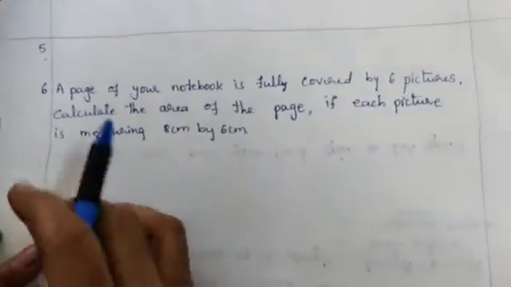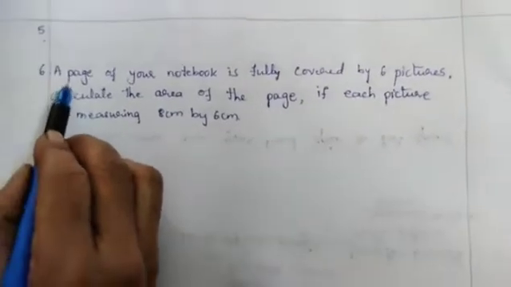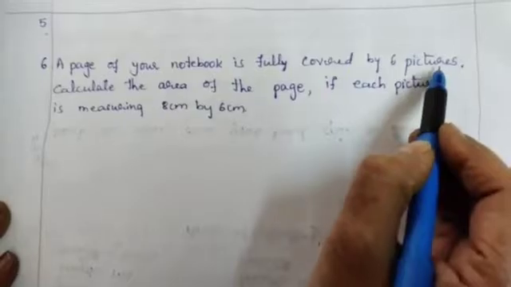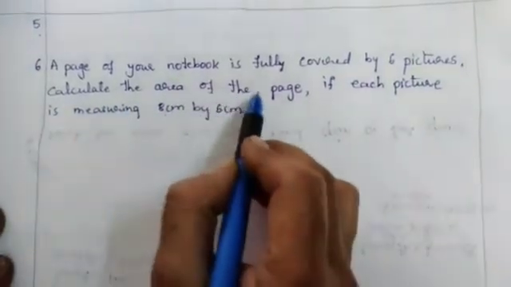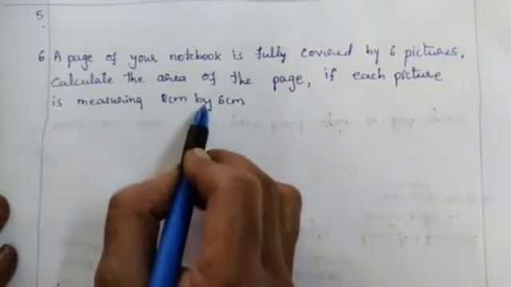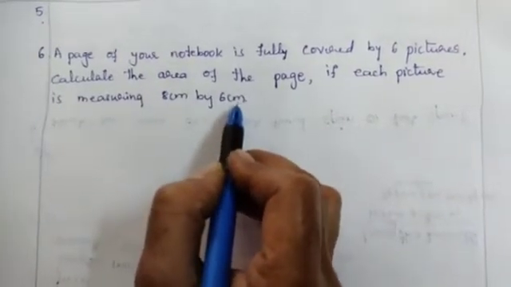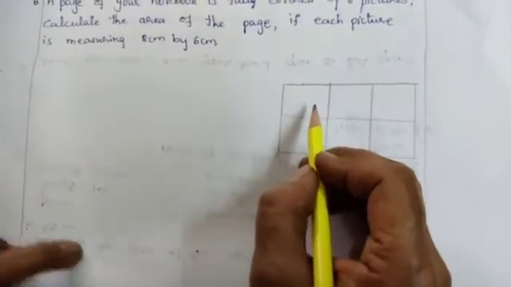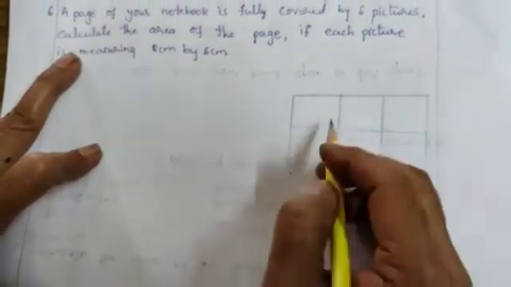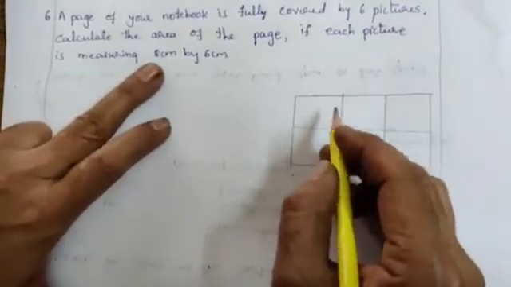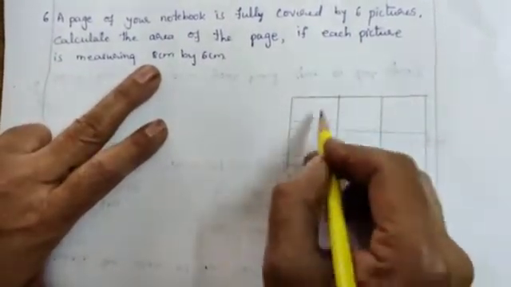Next, sixth question. A page of your notebook is fully covered by 6 pictures. Calculate the area of the page if each picture is measuring 8 cm by 6 cm. Children, you think this is the page of your notebook covered with 6 pictures. So what is given, each picture is measuring 8 cm by 6 cm.